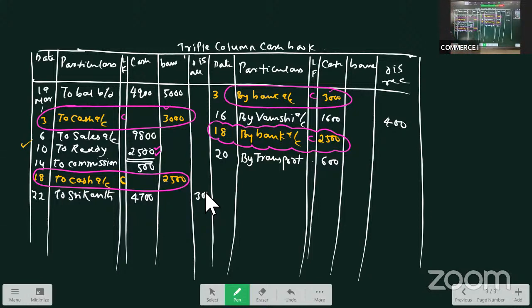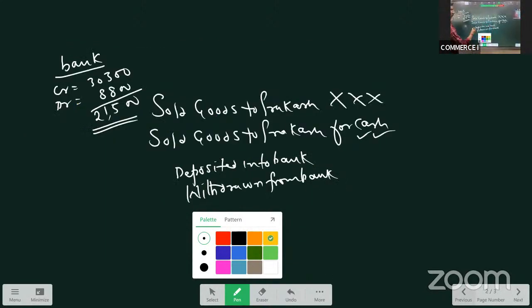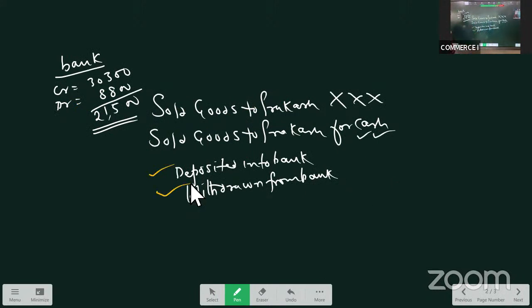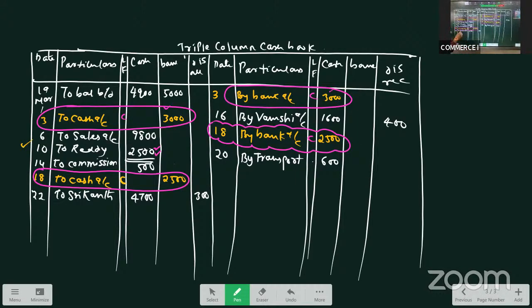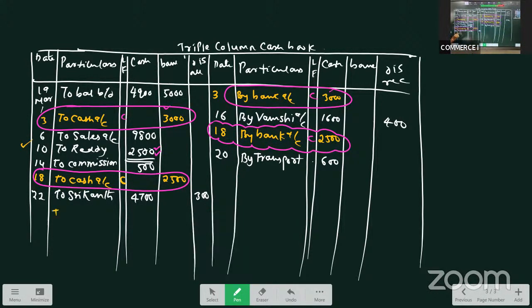Next, cash withdrawn from bank for office use. Again, this is a contra entry. Remember, two contra entries: one is cash paid into bank and the other is cash withdrawn from bank. These two are contra entries, but the effect will be opposite. When we deposit, we write to cash. And when we withdraw, we write to bank, amount in the cash column.